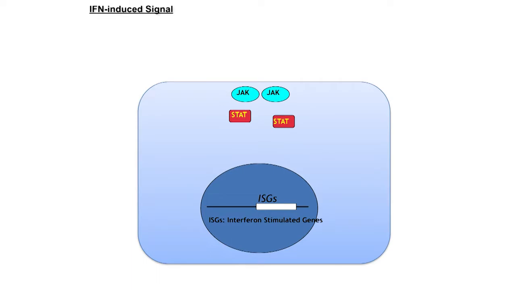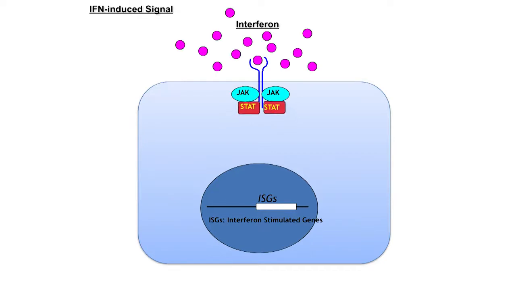I'd like to explain how interferon delivers its antiviral activity. An interferon receptor is expressed on the surface of host cells. When cells are exposed to interferon, it activates signal transducer and activator of transcription, STAT, through interaction with its receptor.